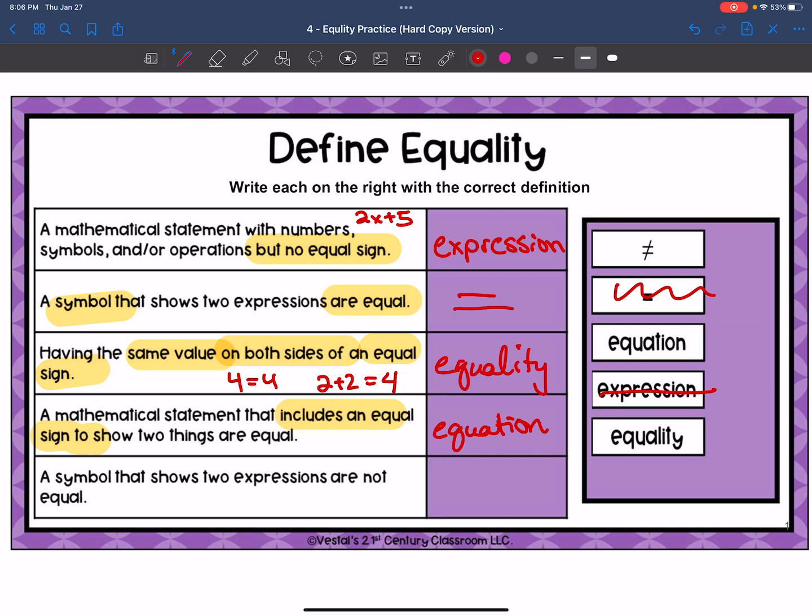So an equation would be something like 2x plus 5 equals 7. And then a symbol that shows two expressions are not equal, okay? They're not equal. That gives us the not equal sign. So two expressions that are not equal: 4 is not equal to 2. 2 plus 3 is not equal to 6.